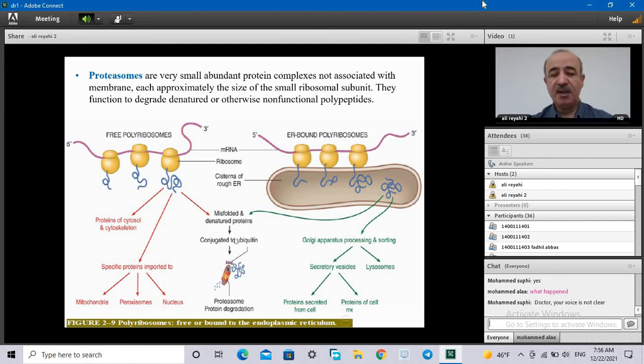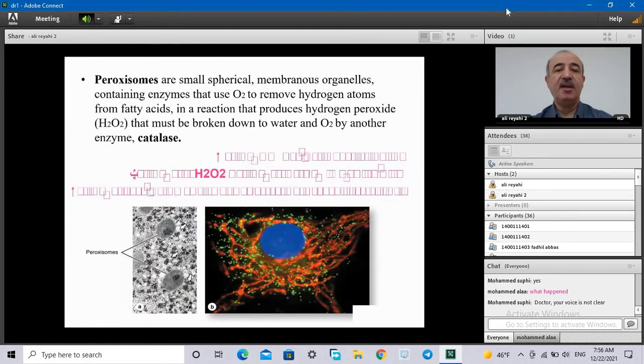So it can hydrolyze the misfolded or denatured protein within the cytoplasm. It's very important for the cytoplasm.